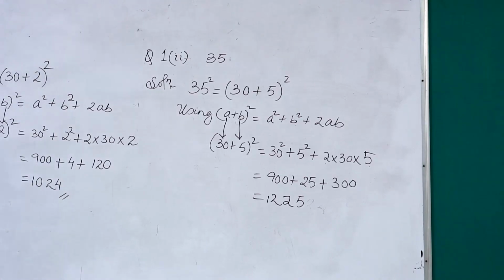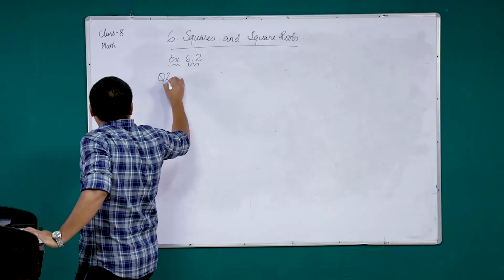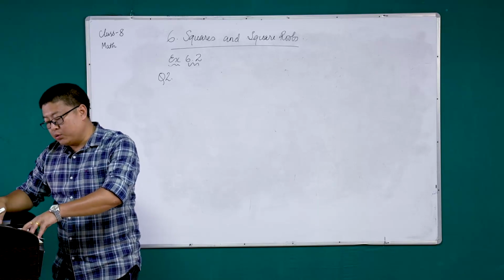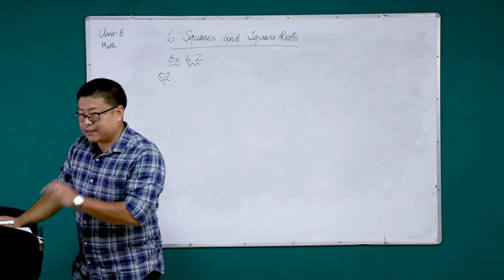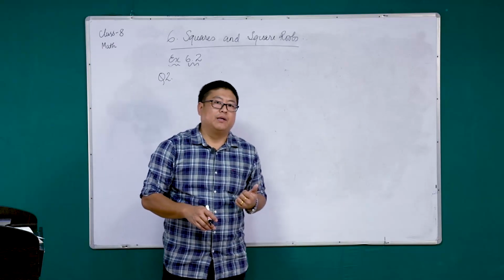Now let's move on to the next question, question number 2. Write a Pythagorean triplet whose one member is 6. Now, we have learned in the previous class about Pythagorean triplet.